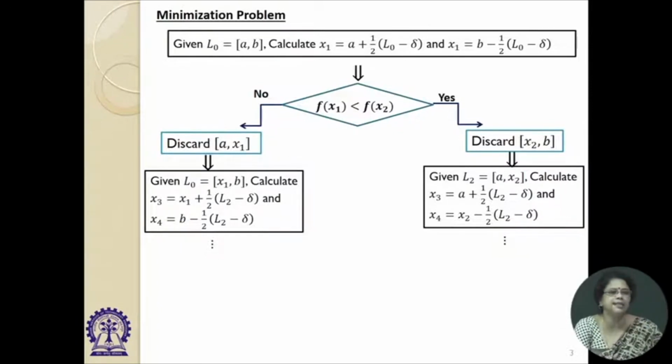Again we will consider the middle value of that interval. Then we will consider 2 new approximations for the optimal solution, x3 and x4, and that would again be delta by 2 distance from the middle value on the right hand side and the left hand side.